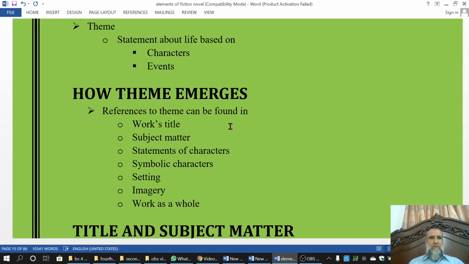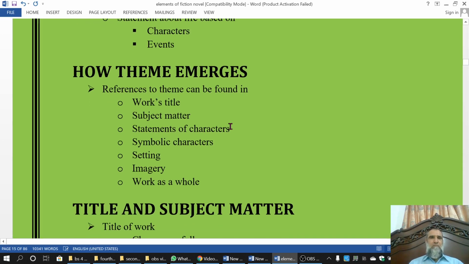How theme emerges is the next topic, and this will be discussed in quite detail. How can we come to know about theme, how theme emerges? These are the different topics which we will discuss. For example, theme emerges, and we can find it by reading the work's title, the subject matter of the story, the statement of characters.